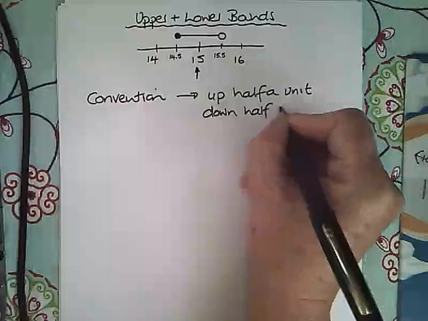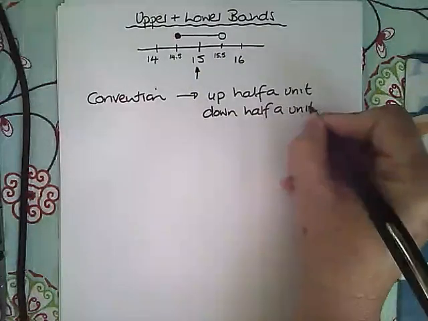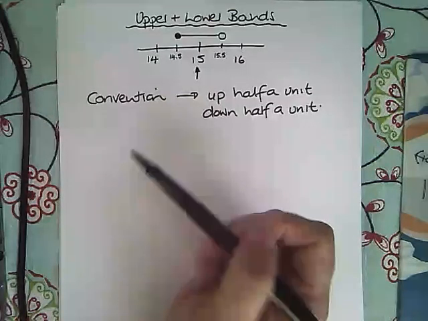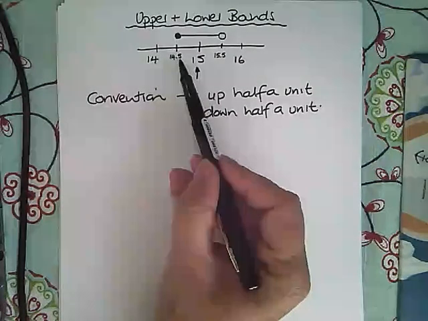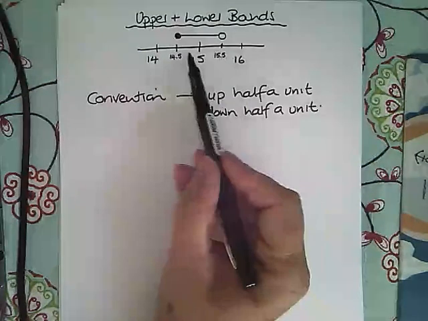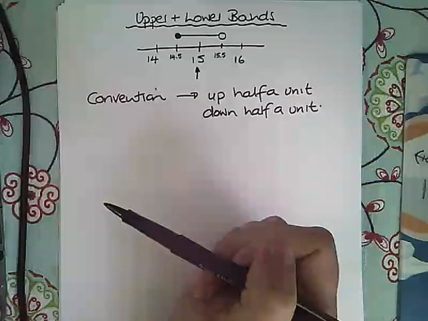In this case we had 15, which was to two significant figures, so we went to the third significant figure, and that was half a unit below and half a unit above.